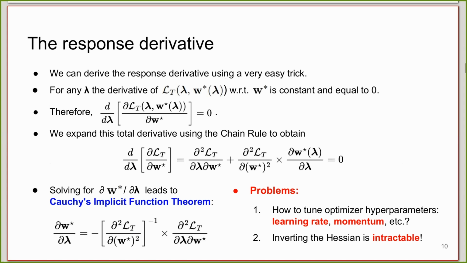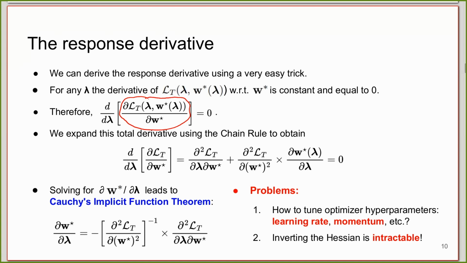We're going to assume that you fully optimize your weights W star on the training set. This means that for a particular setting of lambda, you obtain W star, and the gradient of the training loss with respect to W star is going to be 0, because you have converged to a local optimum.